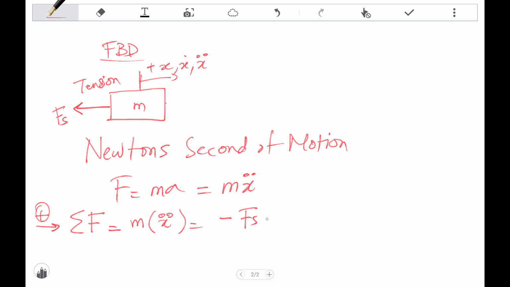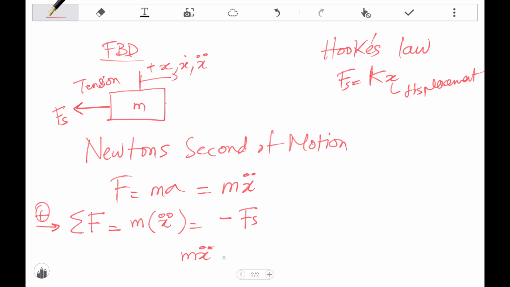So we've got the force of the spring down, and from Hooke's law we know that the force of a spring is equal to kx, x being the displacement. Okay, so rearranging, we go m x double dot.